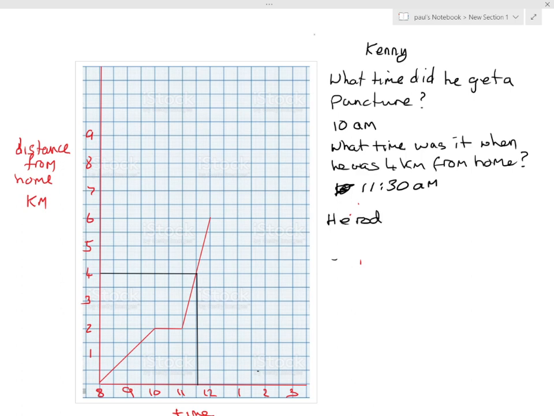Now, he rode home at 4 kilometers per hour. When does he get home?